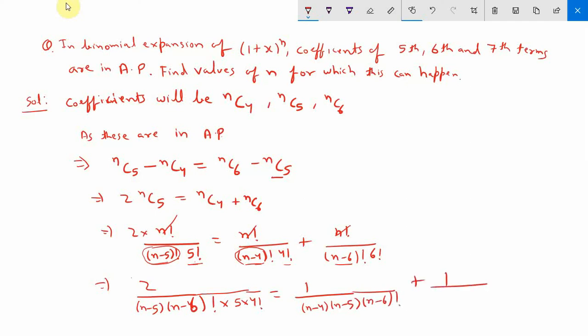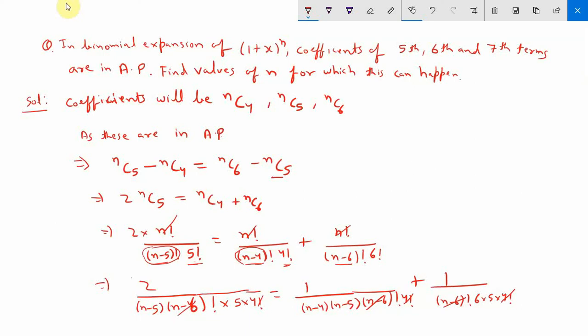Then 1 by (n minus 6) factorial into 4 factorial, and 6 factorial we write as 6 into 5 into 4 factorial. Now this 4 factorial gets cancelled out on both sides, and (n minus 6) factorial also gets cancelled out on both sides.